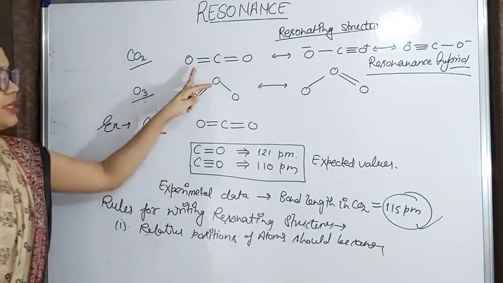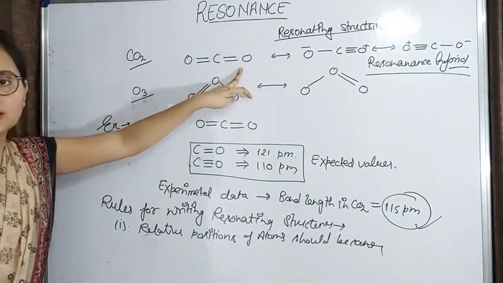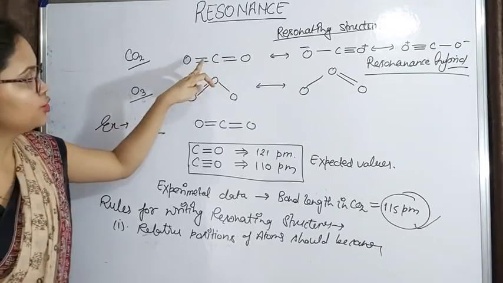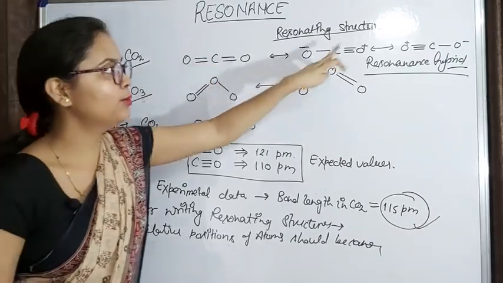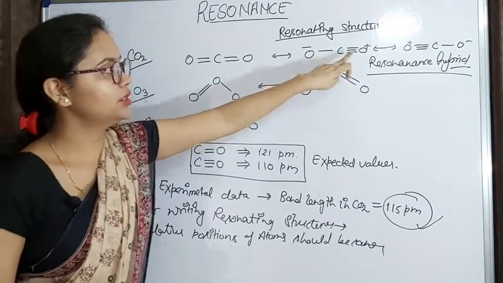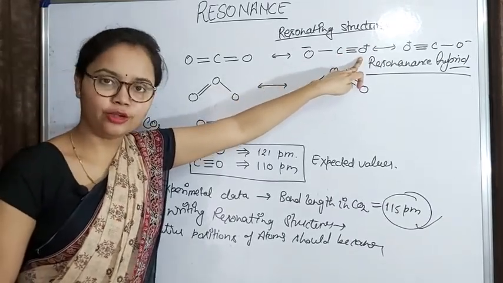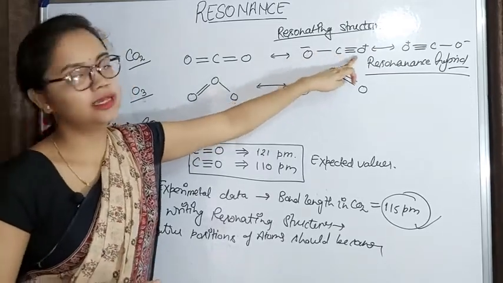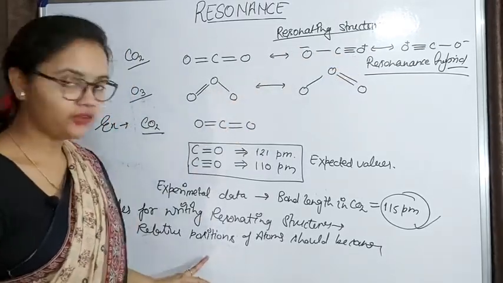As in this case, you can see that oxygens are the surrounding atoms and carbon is the central atom. So in all the structures we will write carbon as the central atom and oxygen as the surrounding atom. So this is the first rule.